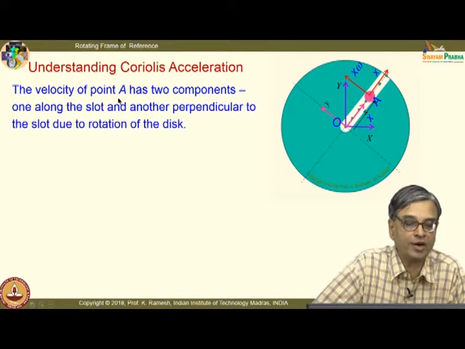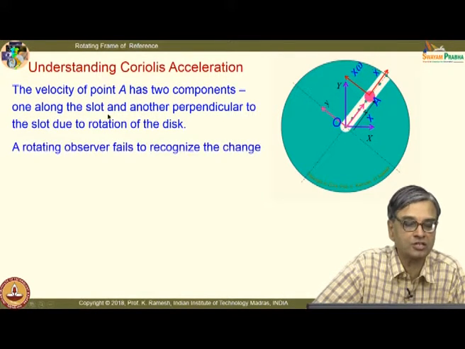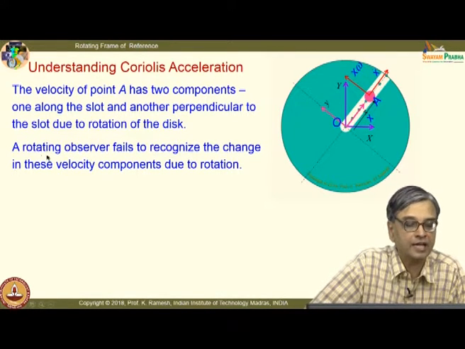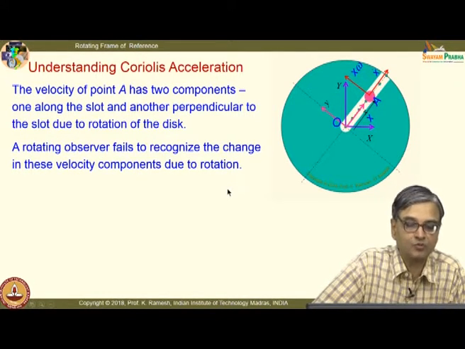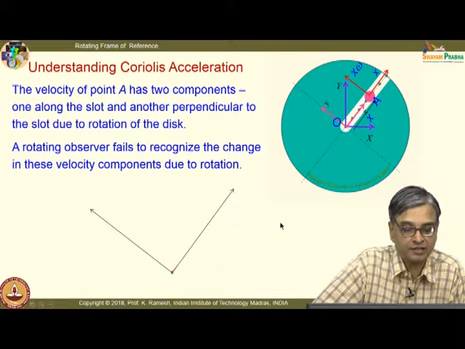The velocity of the point has two components, one along the slot and another perpendicular to the slot due to rotation of the disk. A rotating observer fails to recognize the change in these velocity components due to rotation, which is what I had explained. I said that I am going to redraw this again, so that you can fill up any missing links in your notes.